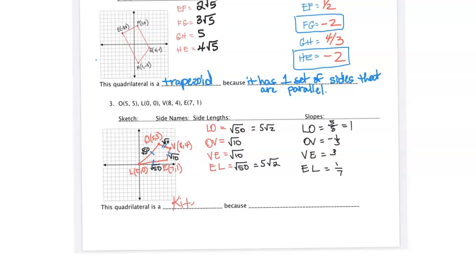This is a kite because we have two sets of equal sides and they are next to each other. And the keywords are next to each other. That's what helps us to know that this is a kite.